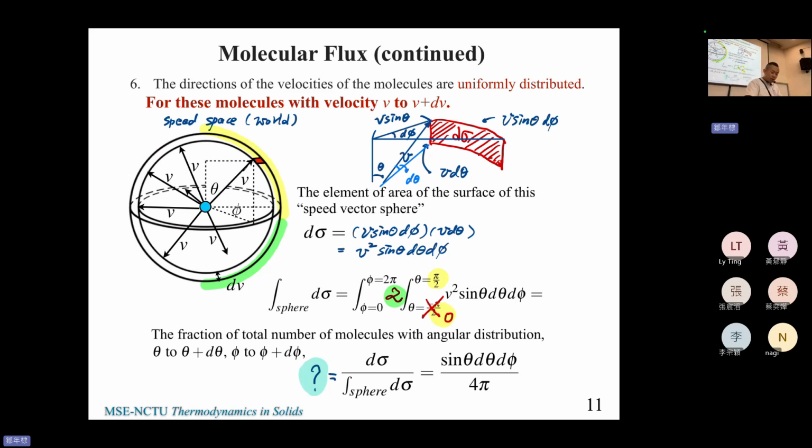Otherwise, it will cancel each other. Okay, because integrating from minus half pi to positive half pi, it will be exactly 0, because they cancel each other. But we are going to get the positive area, so we need to make it 0 to half pi and times 2. Okay, and you see that, oh, this is 4 pi v squared. The reason why we do that is to avoid negative area.